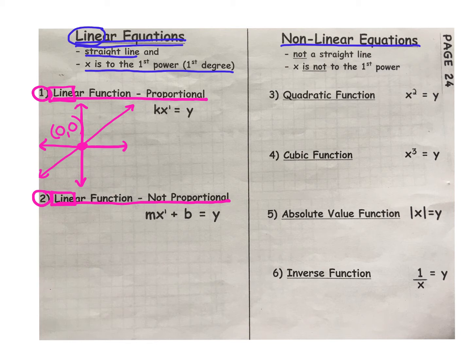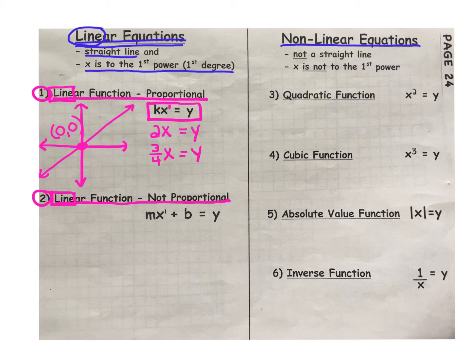And if you look at the equation, we see it's a very simple equation where x is to the first power. An equation can look like this. Please write down these examples. 2 times x equals y. You can even have a coefficient that's a fraction. 3/4 times x equals y.